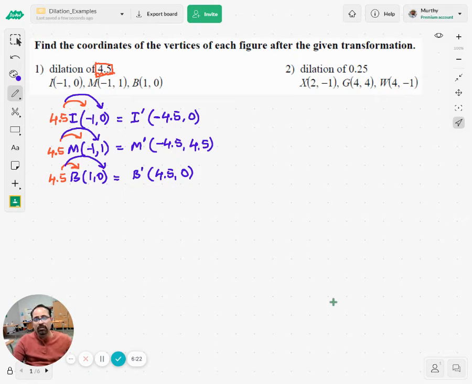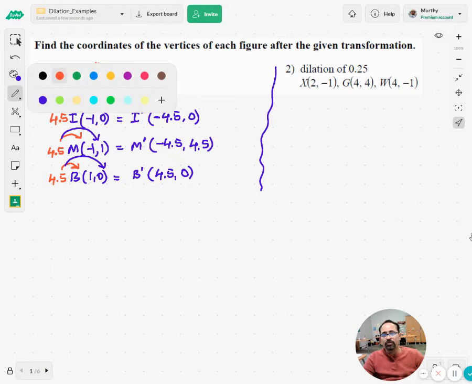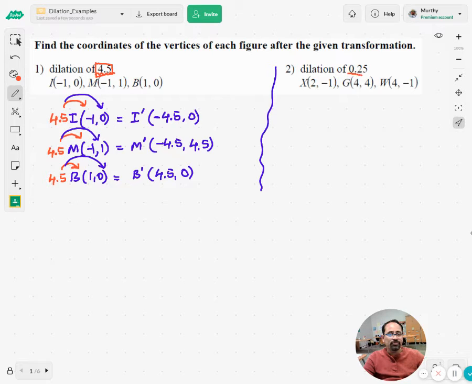Let's take another example. Here, a dilation of 0.25. So here is the scale factor. This time I have to multiply the x, g and w values by 0.25. So x is (2, -1), g is (4, 4), w is (4, -1).